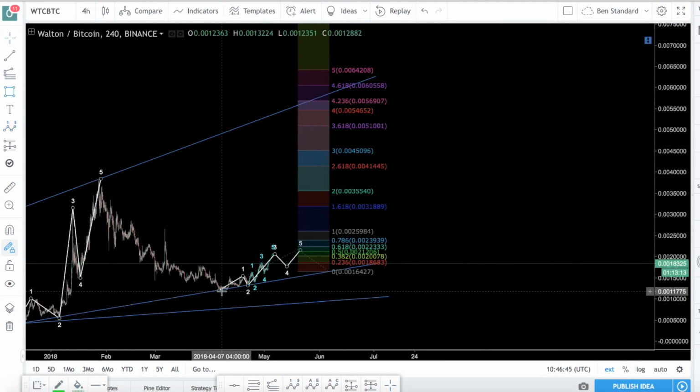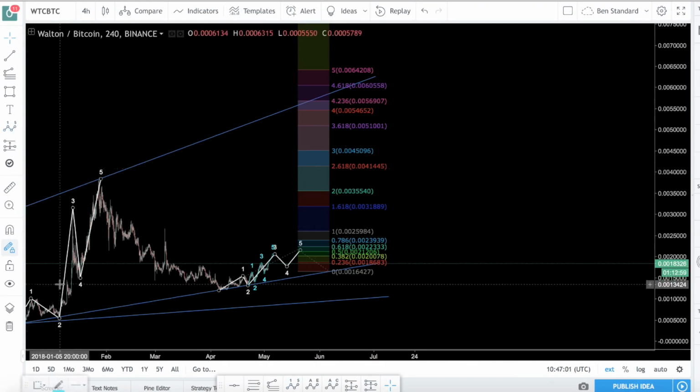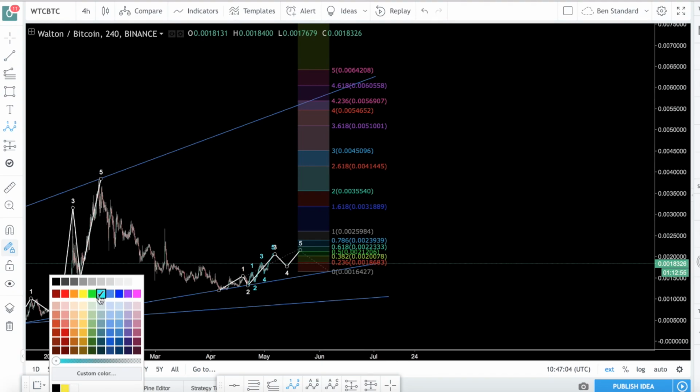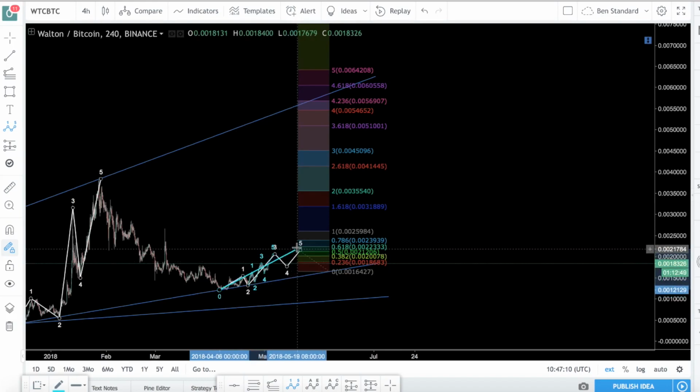So like I said, if this is a first wave of the bigger trend, hold on, I'm going to change color. So these 5 waves is a new first wave of the bigger trend.